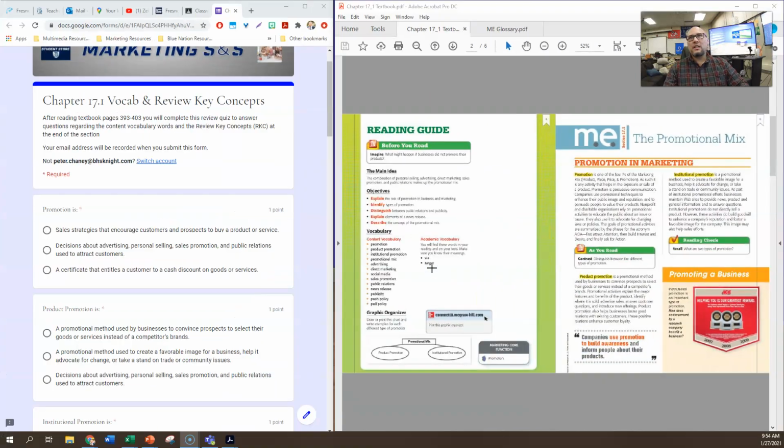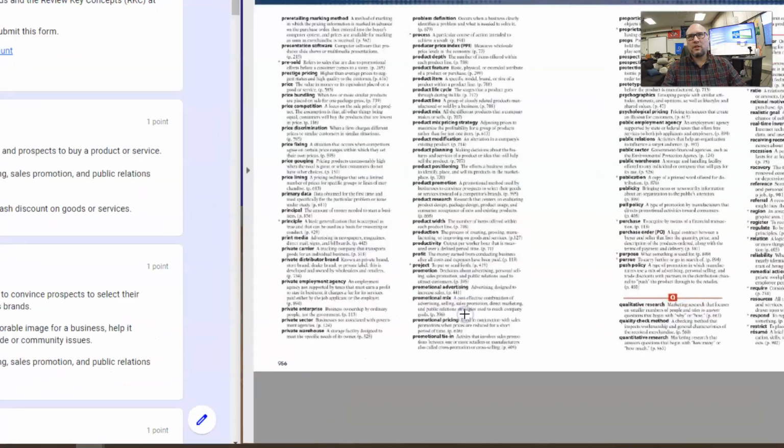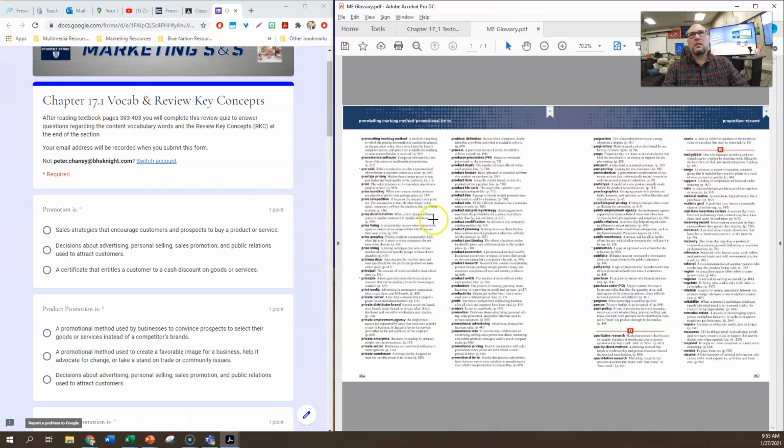But even if you didn't want to read that whole thing, in your textbook is this glossary. There's this glossary that you can go to that you can go straight to the definition. In this case, the very first word is promotion, and if we go to page 956 in our textbook, we've got the definition of promotion right there. Okay, so that's 2 different ways we can do it.